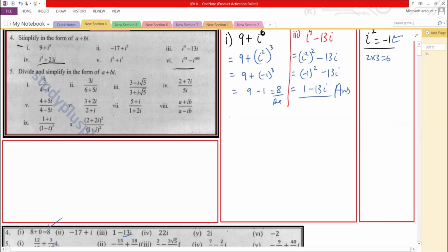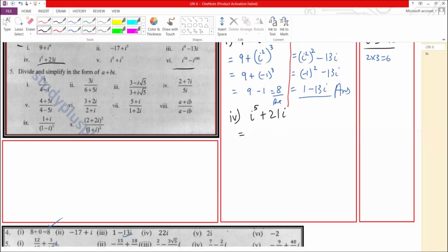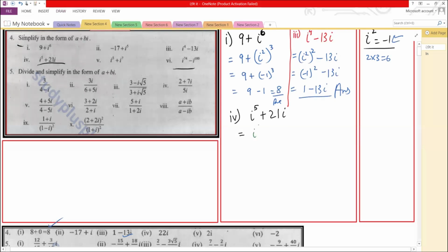So question number 4, let's say, because the concept is the same, students: iota power 5 plus 21 iota. Now here what we will do is break this into iota power 4 times iota, plus 21 iota.